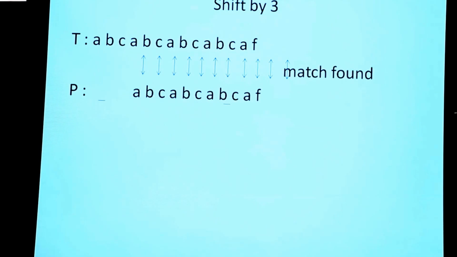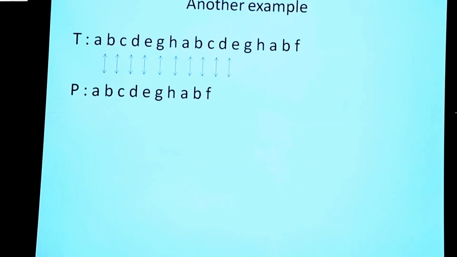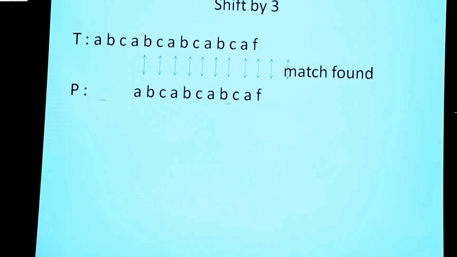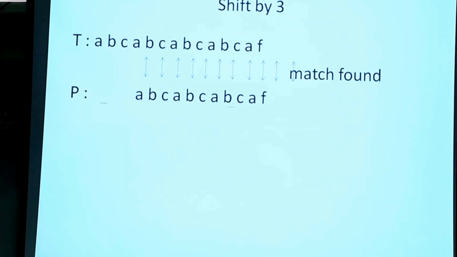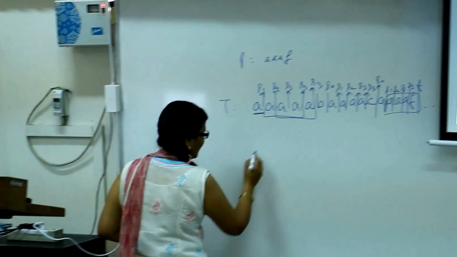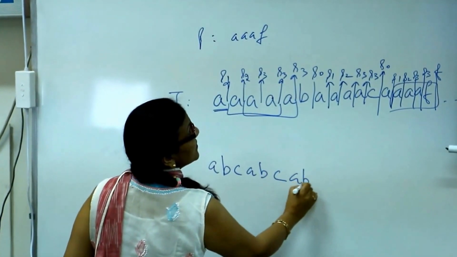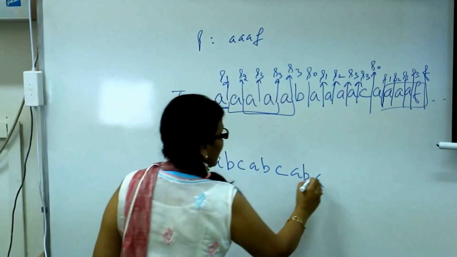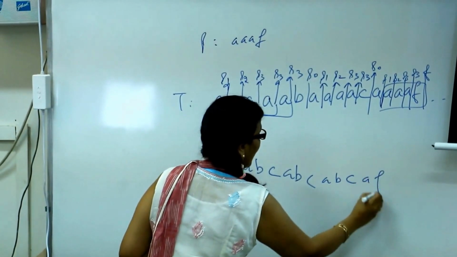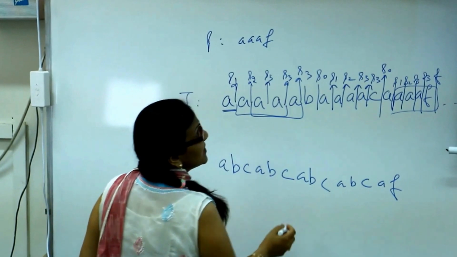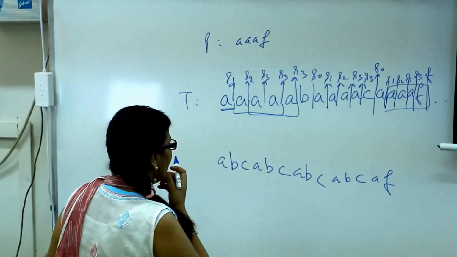The same example, you see that there are 2 shifts possible. ABC, ABC, I got a mismatch at ABC, ABC, ABC, AF.